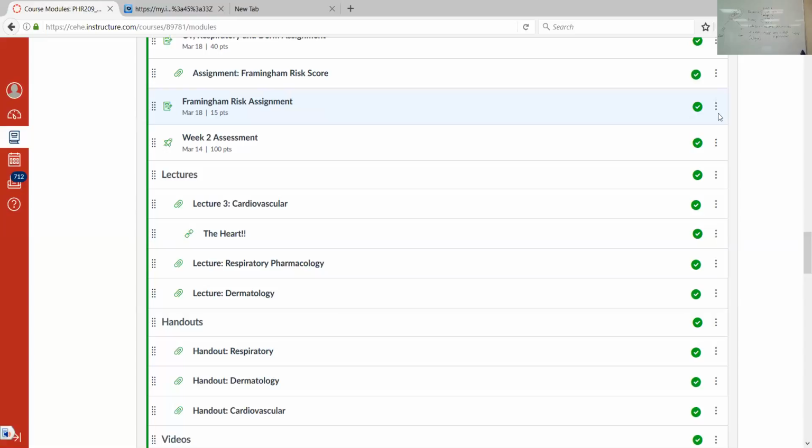Not for the individual. It does mean that people have had heart disease or heart attack in that group.